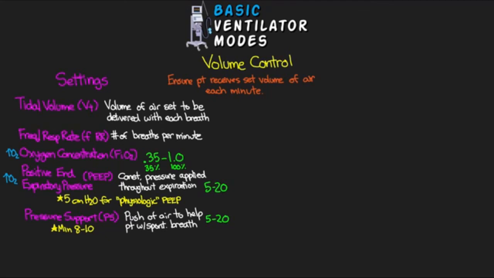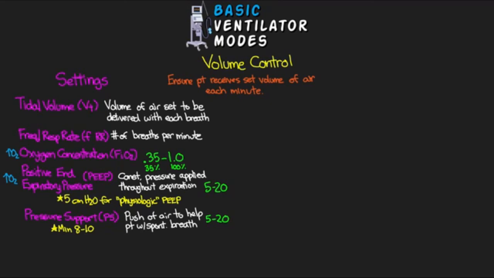If I happen to find it, I'll link to it down in the description, but it's an interesting chart and it really drives home the point that just because of the size and the resistance of that ET tube, we're already going to have to give them some sort of assistance, because if we gave them nothing, breathing through that ET tube would actually be harder than if they were normally breathing.